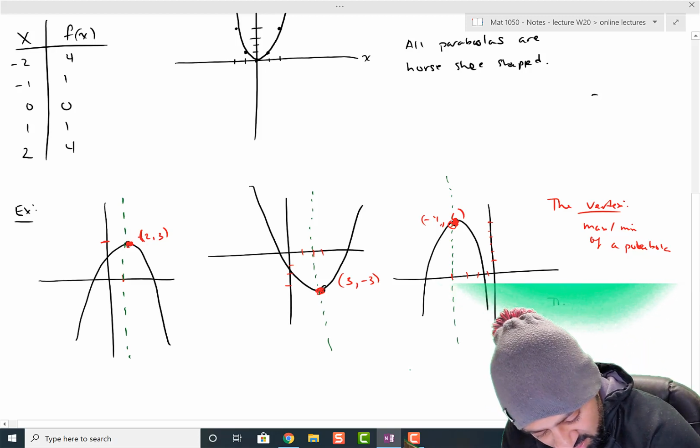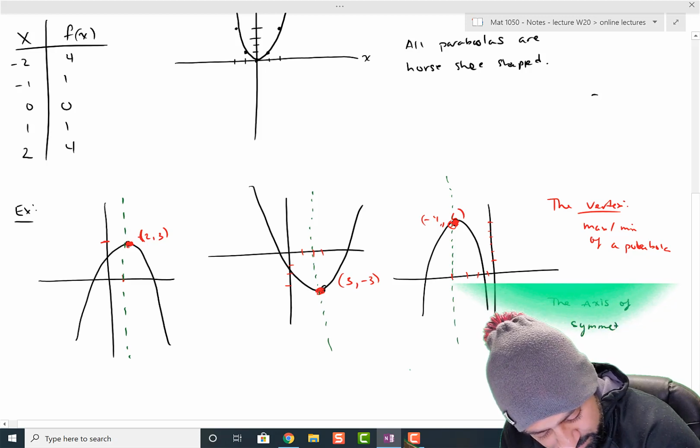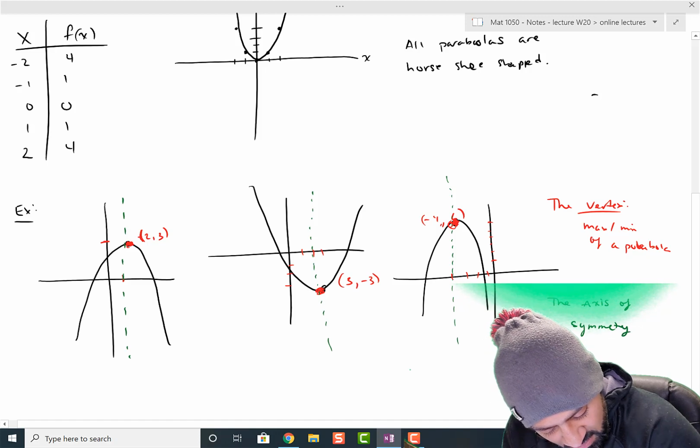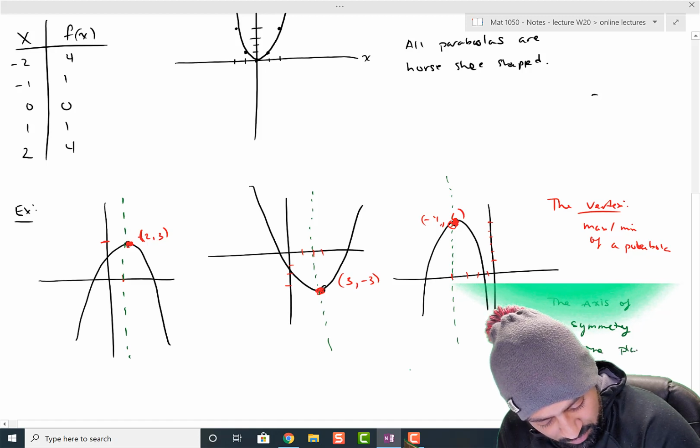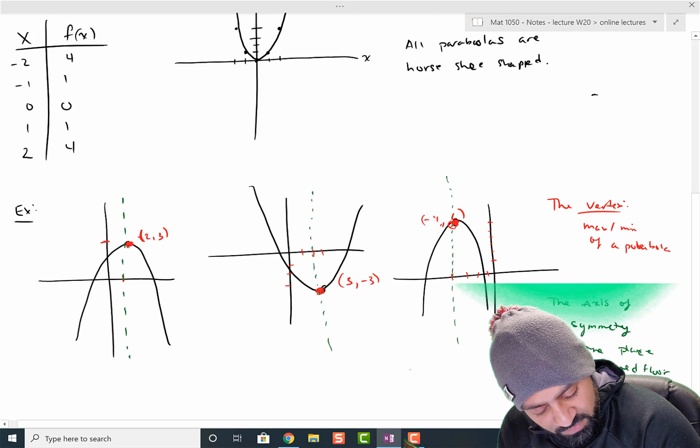So the axis of symmetry is the place where you fold the graph on itself completely.